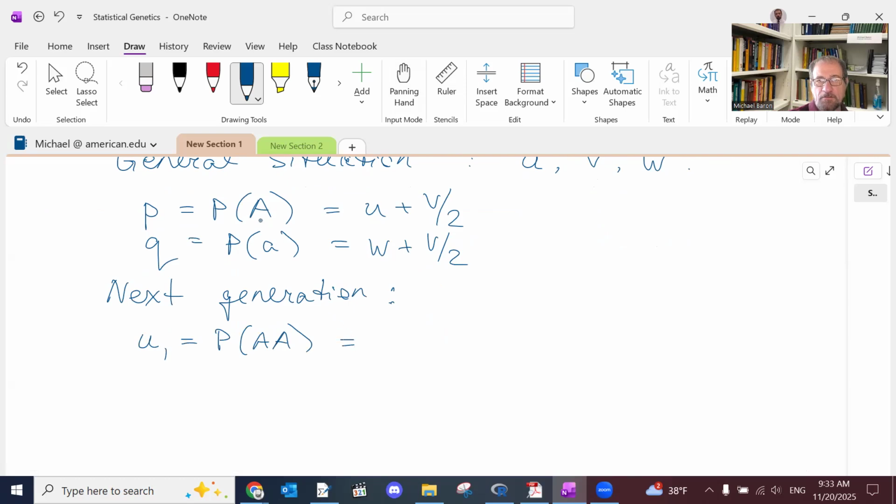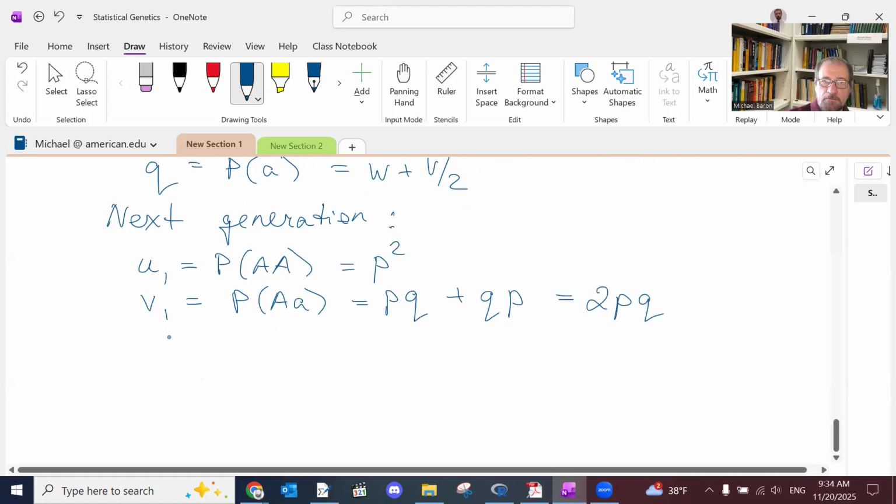Well, you should get the dominant gene from both parents. So the probability is P squared, right? You become a heterozygote if you receive a dominant gene from your mother and recessive from your father, or vice versa. Recessive from the mother and dominant from the father. So that will be 2PQ.